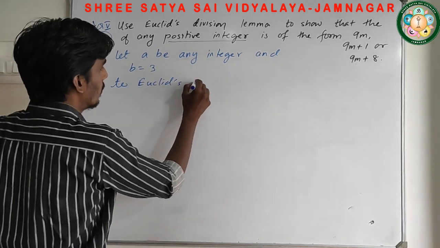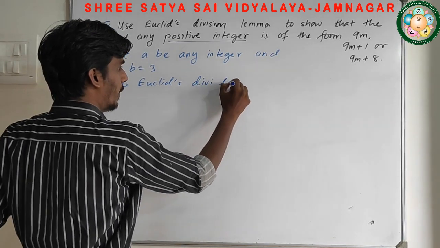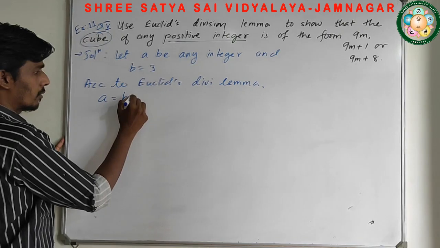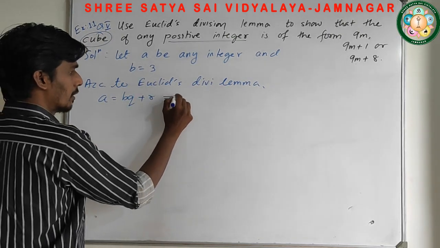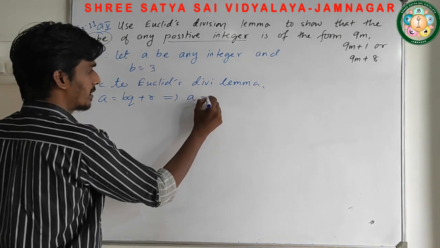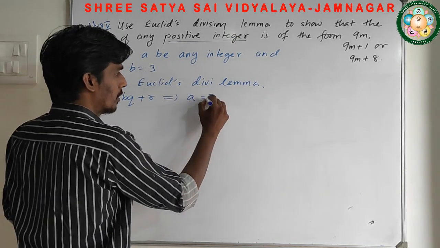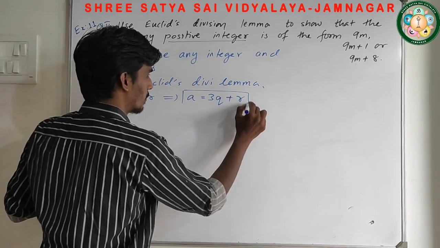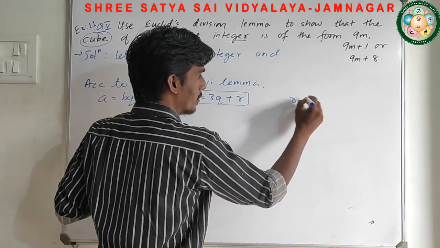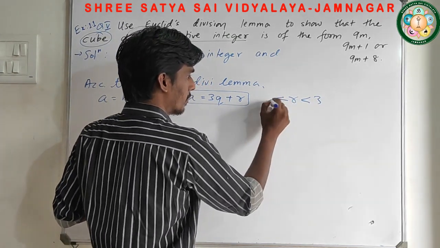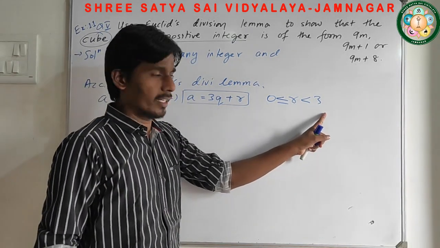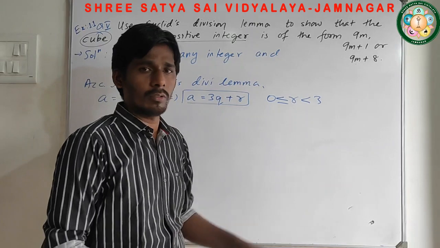Then according to Euclid's division lemma, we can write A is equal to BQ plus R. Now instead of B I am going to take 3, so A is 3Q plus R, where R is smaller than 3 and greater than or equal to 0.